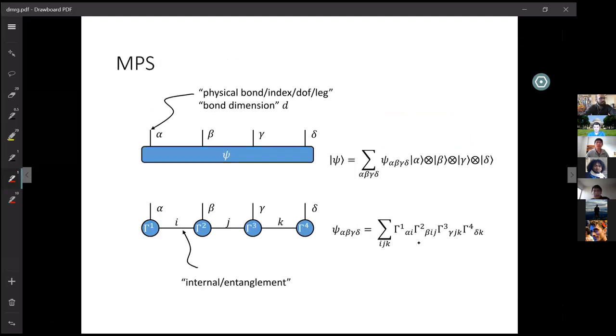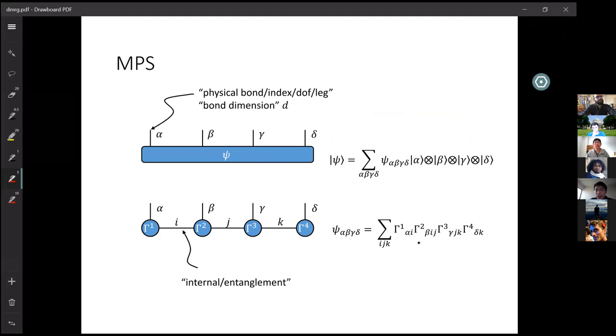Okay, so now we want to use the tensor diagram to describe what is useful for us, that is the wave function. As an example, we show a wave function for a four-site system. The reason we choose four sites is because we want to make some connection to the DMRG where we have four parts of the system.